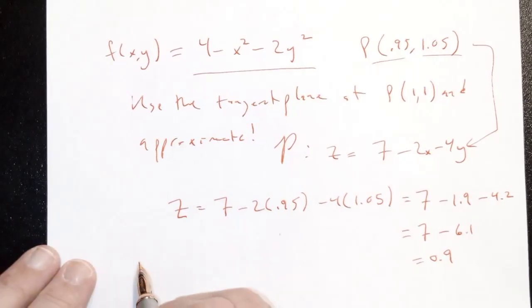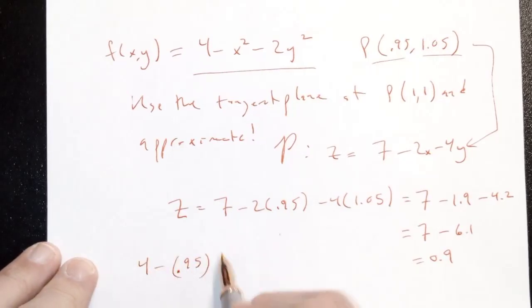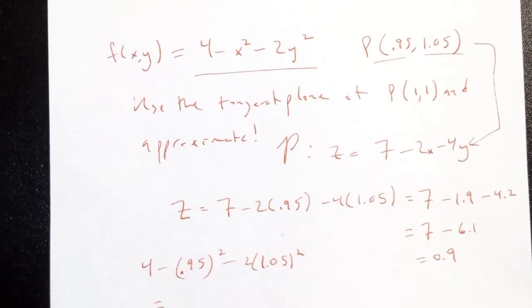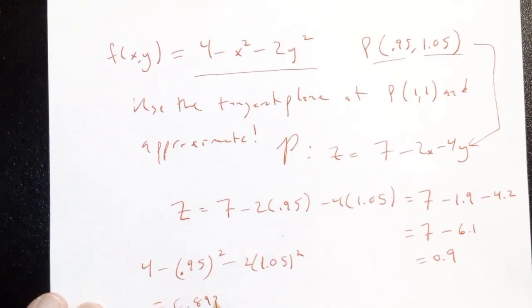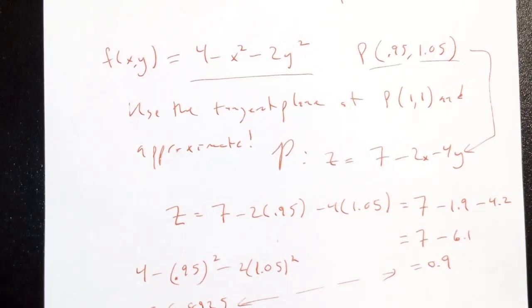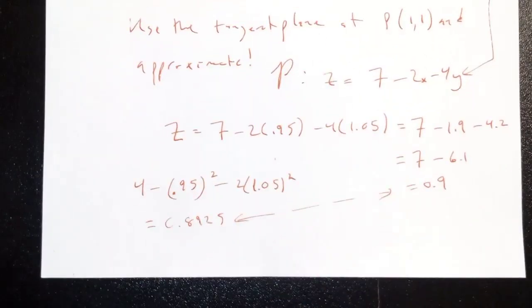Now, let's actually go back and plug it in. What's 4 minus 0.95 squared minus 2 times 1.05 squared? Not that far off, huh? And plugging into the linear equation was a lot easier. I could do it in my head, right?